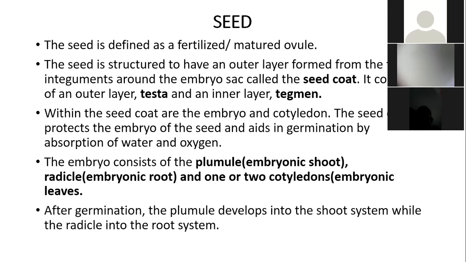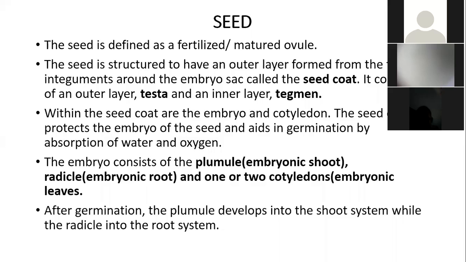Then 1 or 2 cotyledons, also referred to as embryonic leaves. So the embryo of a seed consists of these 3 things: the plumule, the radicle, and 1 or 2 cotyledons.